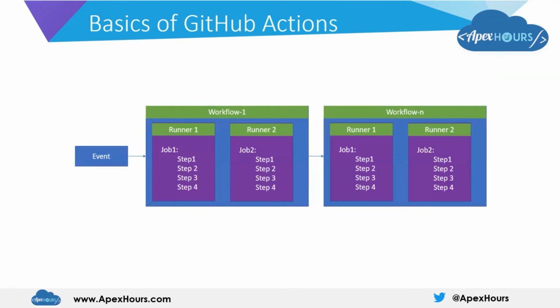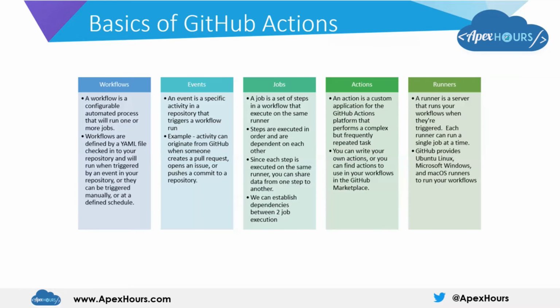The other is job. A job means each discrete operation that you are going to perform as part of your workflow execution. Like I mentioned, when I'm checking in my component, automatically I should be running a PMD scan. That PMD scan is known as a particular job. Within that job, there will be separate steps. You need to instantiate the server. That is one step.